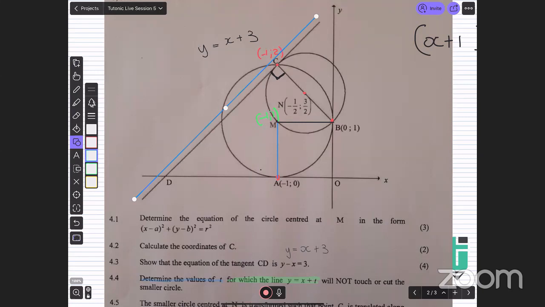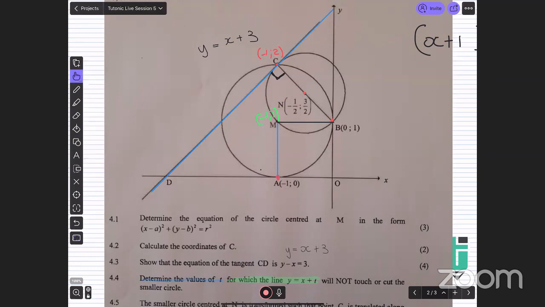So when I make t 3, that graph is going to be like that, intersecting, right? But now the question was asking, determine the values of t for which the blue graph will not touch or cut the smaller circle. If t is 3, does it cut the smaller circle?